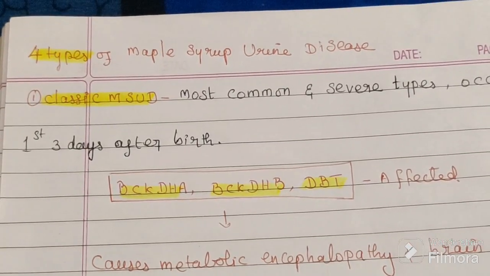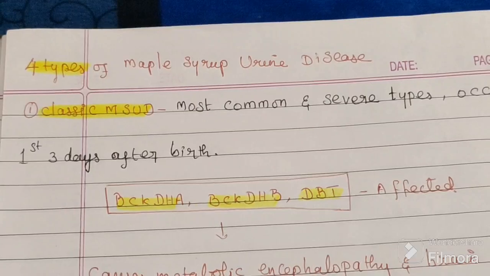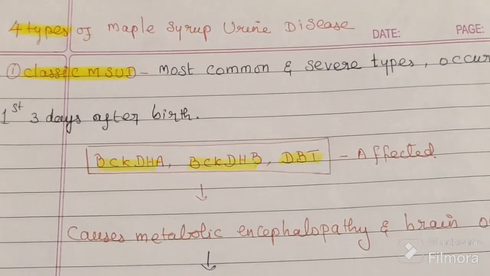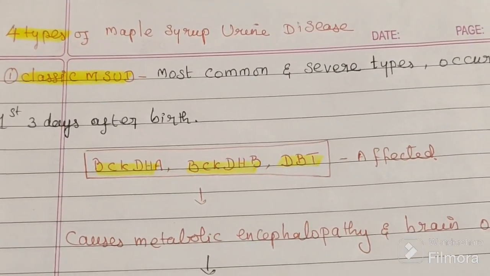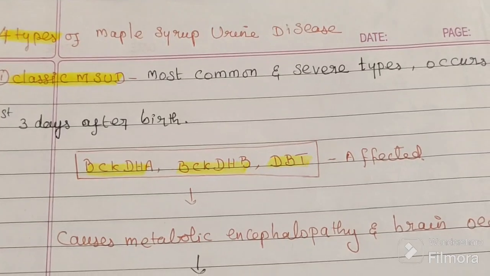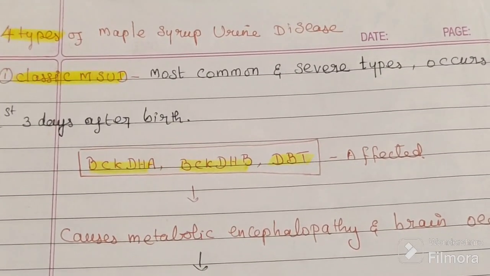There are 4 types of maple syrup urine disease. First one is classic MSUD. It is the most common and severe type, and it occurs in the first 3 days after birth.